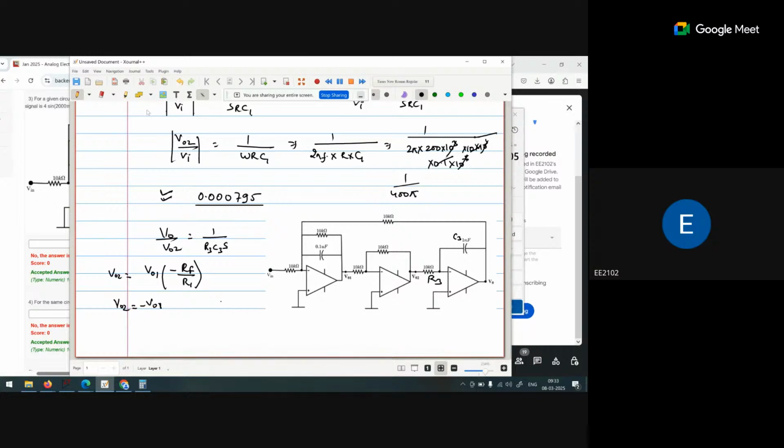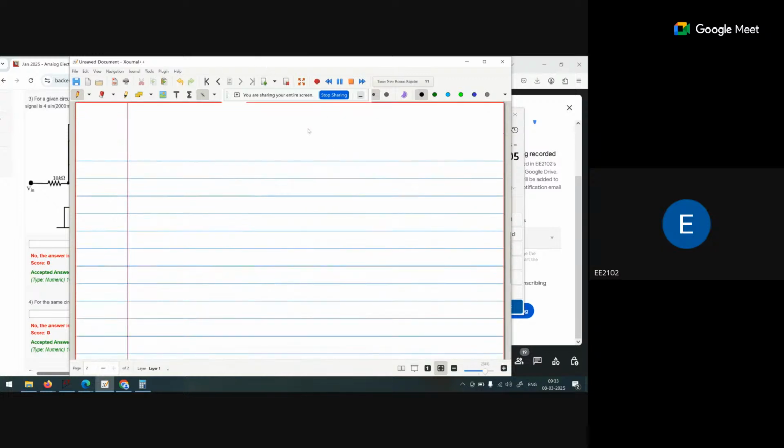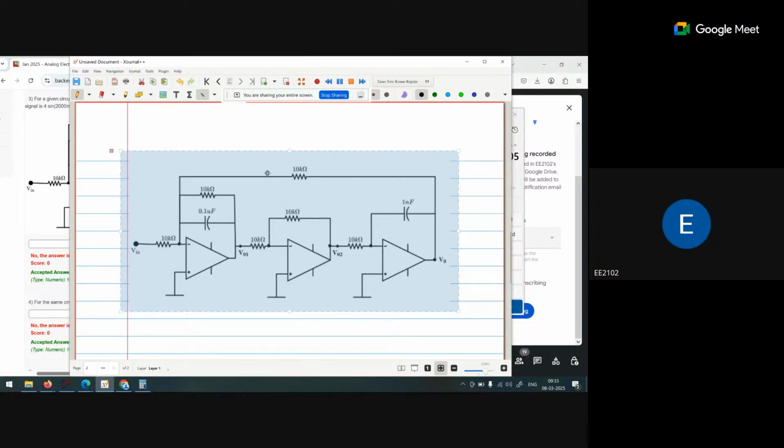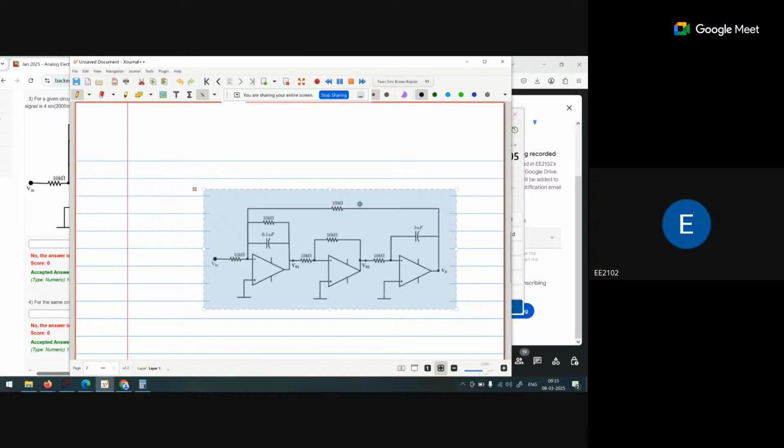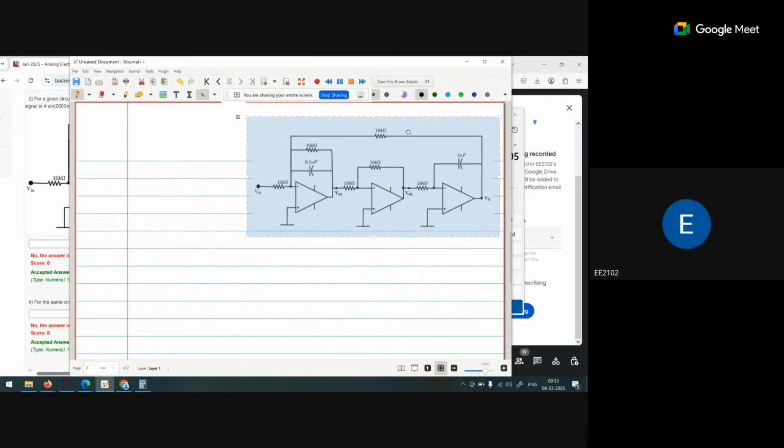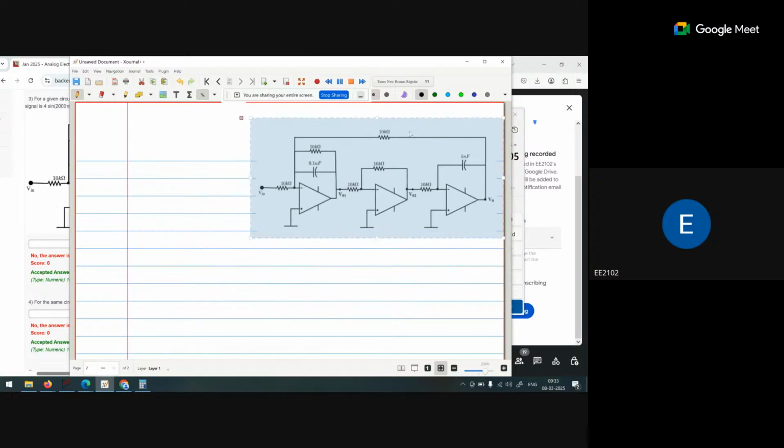Now the main important one is the first one. So if I draw the first circuit, it becomes one resistor, operational amplifier, negative, positive.